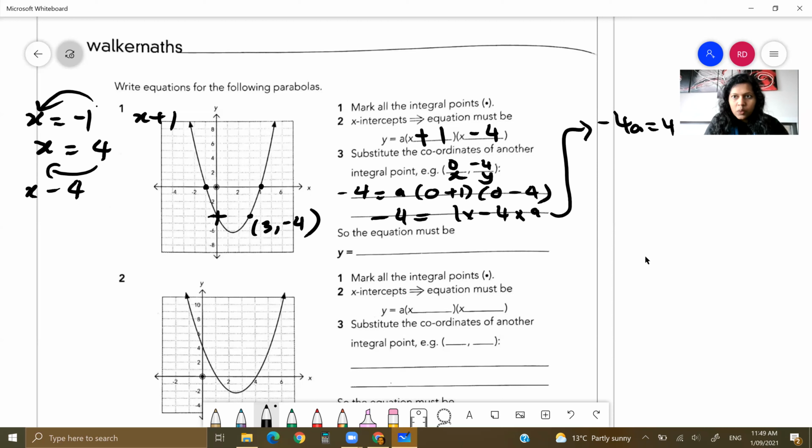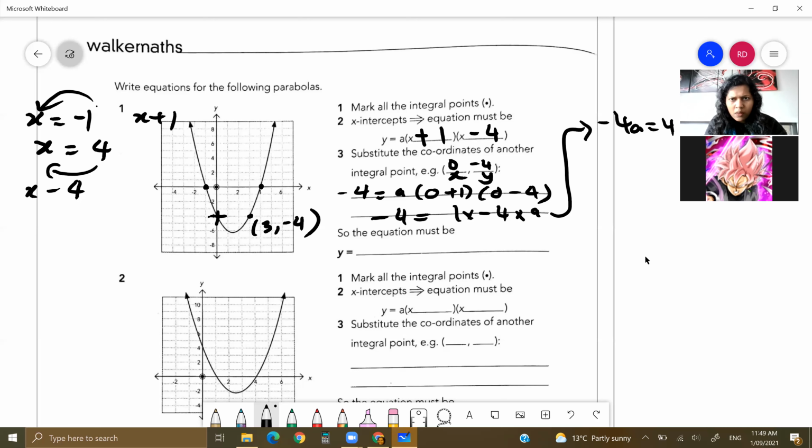So it gives me a is equal to -1, but there is a problem. It shouldn't be -1. I missed a negative here.